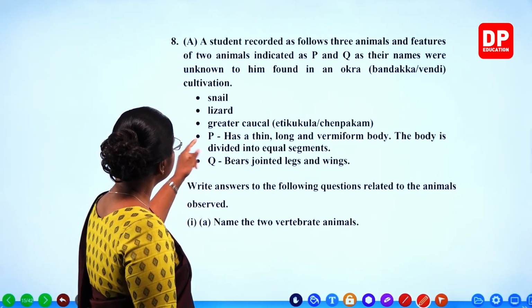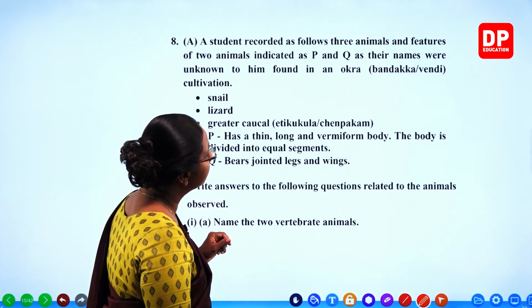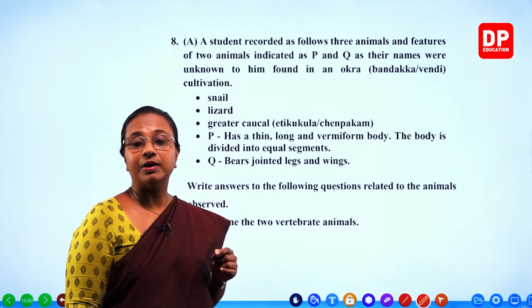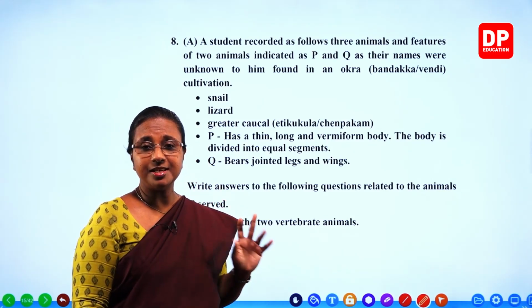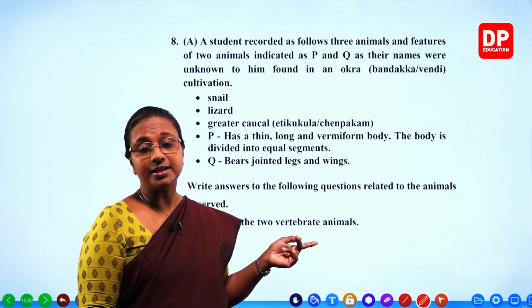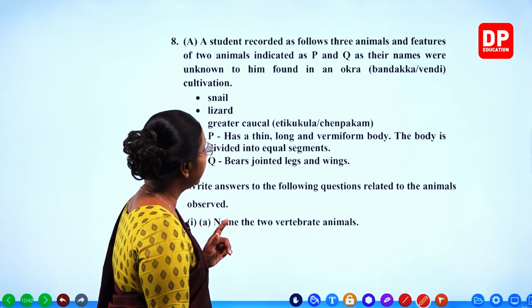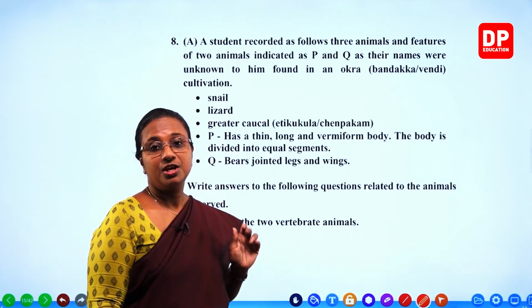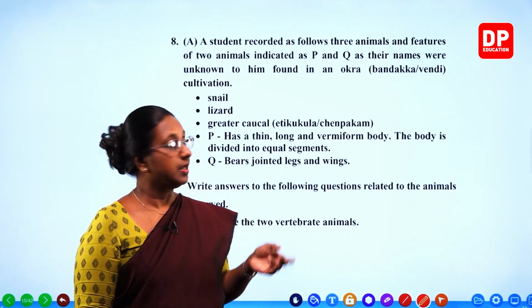And then there is the animal P, which has a thin, long and vermiform body, and the body is divided into equal segments. So I am sure looking at these characteristics, you can relate it to a type of organism. When something has a long, thin, vermiform body with segmentation, you all can relate it to an annelid worm.